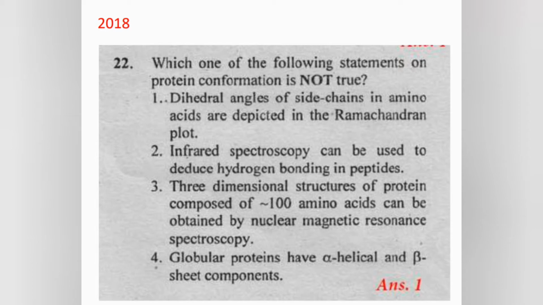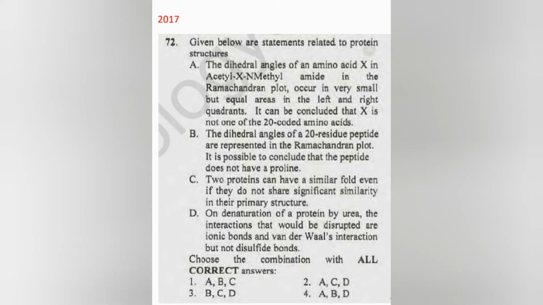This is a question from 2017. Given below are statements related to protein structure and we want to choose the correct answer from this. The first statement is that the dihedral angles of an amino acid X in acetyl X methyl amide in the Ramachandran plot occur in very small but equal areas in left and right quadrants.